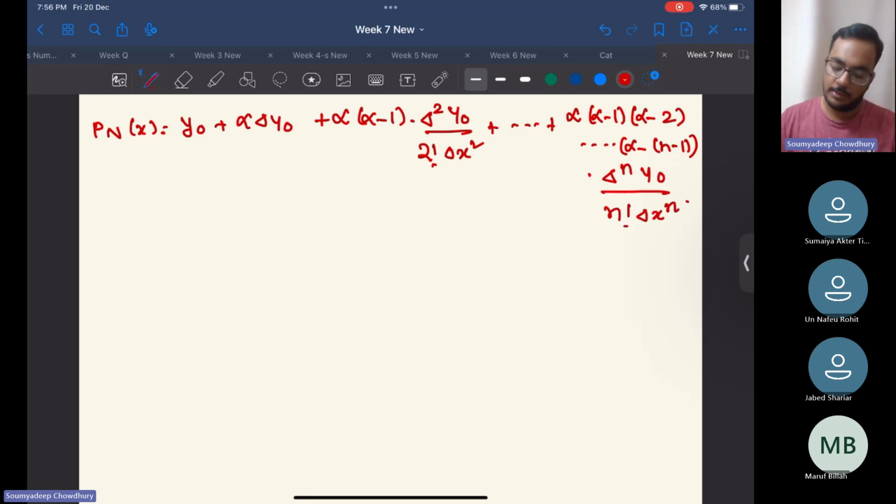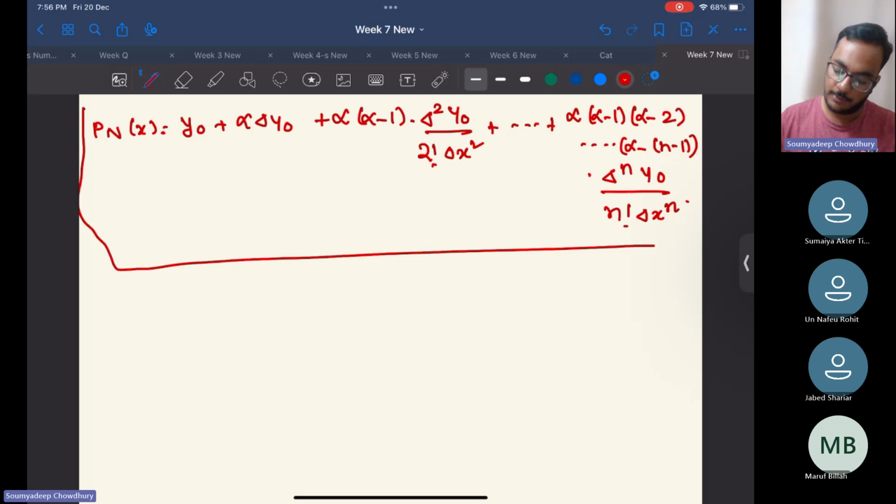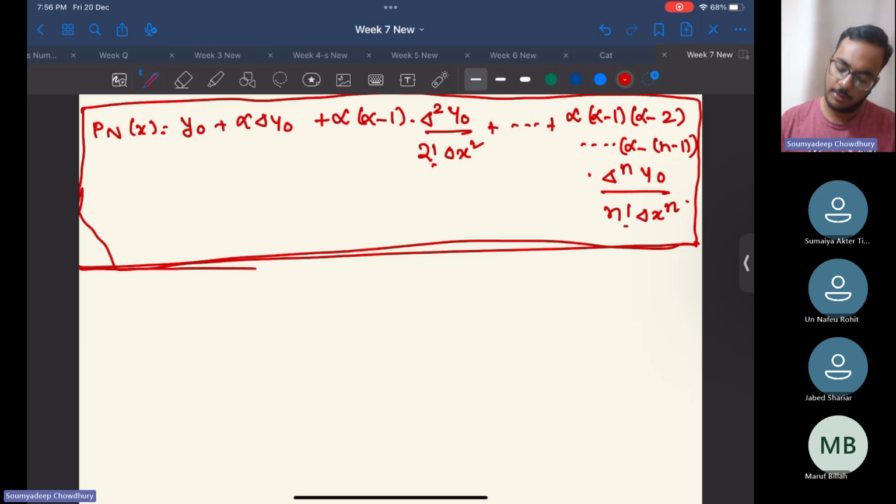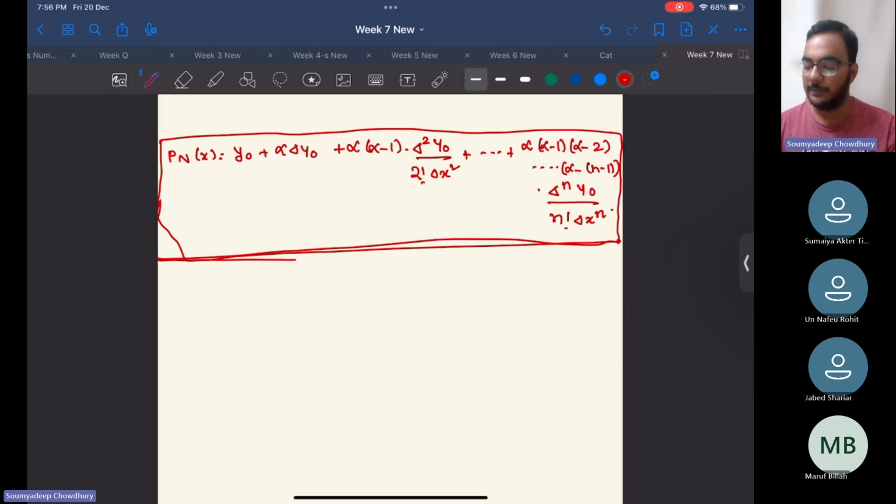So this is my generalized formula, and we can use it. It is also a complicated formula, but it will be simplified if we find alpha first and then substitute the differences and the alpha values. You can then get the interpolating polynomial.